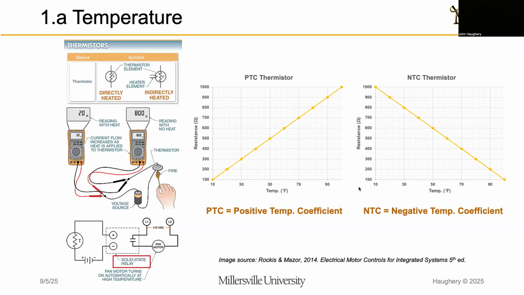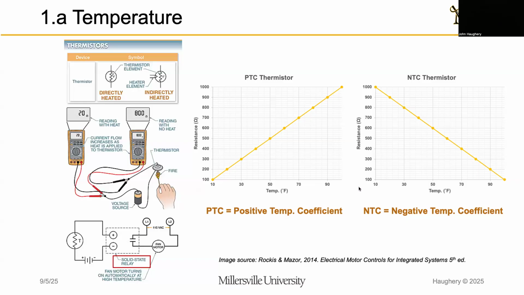That's just a reverse, or negative, temperature coefficient. But every thermistor has properties of its element that allow it to change its resistance as temperature changes. And then we can use that, along with the voltage drop across that thermistor, to understand the temperature. And then that voltage drop can power a transistor that ultimately opens and closes a circuit in the same way a mechanical relay does.